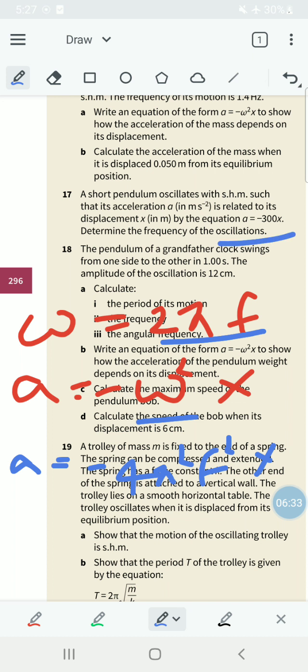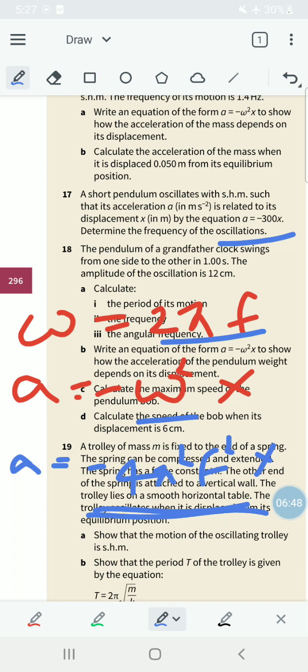a is equal to negative 300x, so from that you can use a is equal to negative 300x. Therefore this whole thing is equal to negative 300x.